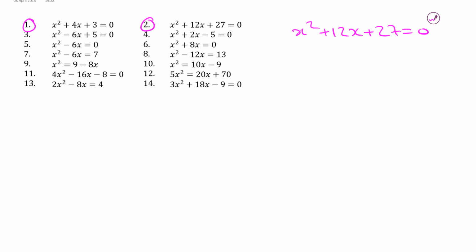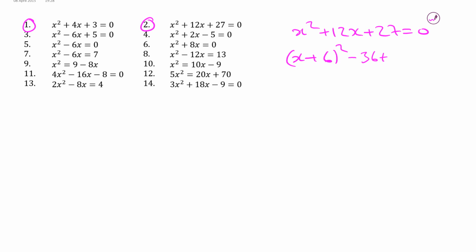What's next? You do x plus 6 squared, which gives plus 12x and then 36. So you minus 9.